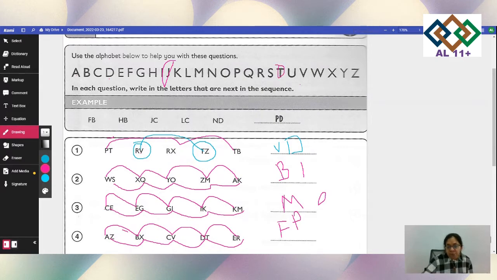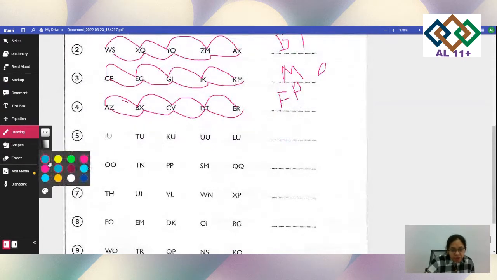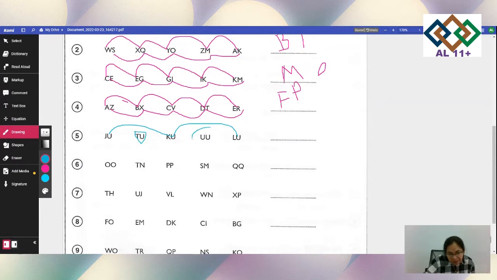When the sequence is more than 3 or 4, the difference between it's 3 or 4, then you try looking at the other way what I told you to make your life easier. So if you look at this pattern is done, so we are not looking at this pattern. The second pattern what they have asked us is this one here.